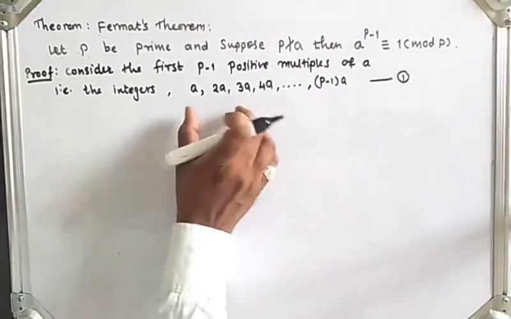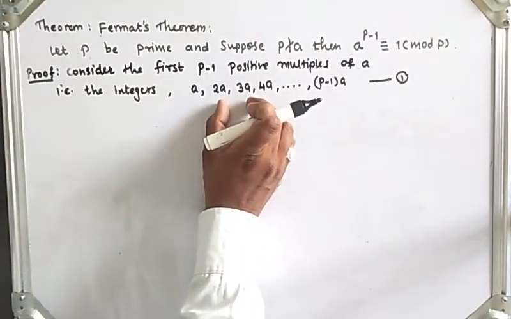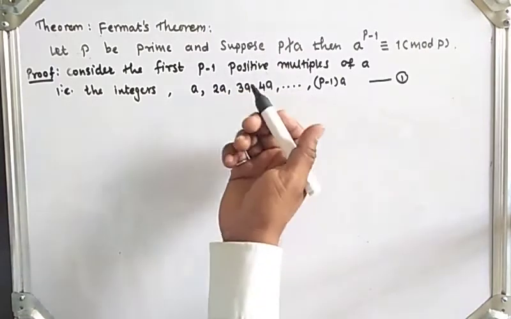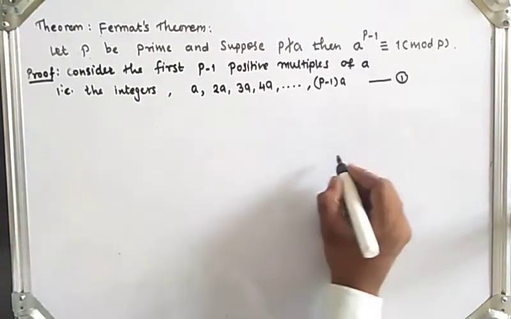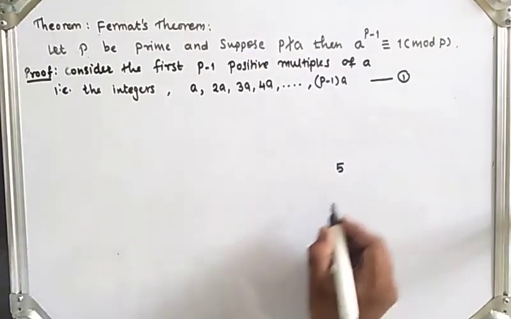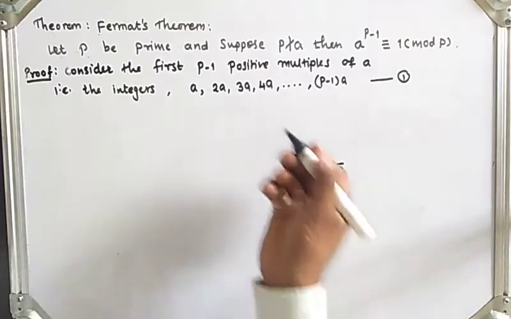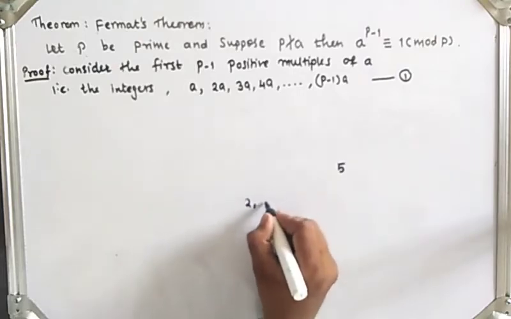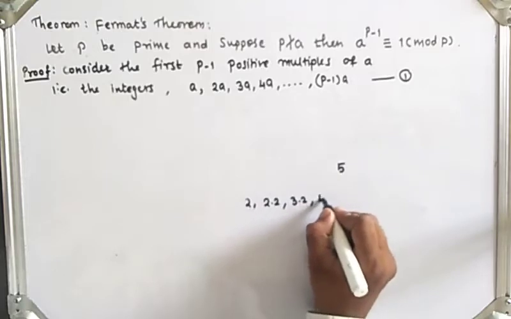Now in these multiples, there are no two elements which give the same remainder when divided by P. For example, suppose I have the prime number 5. I will take multiples of 2. So 2, next 2 into 2, next 3 into 2, next 4 into 2.